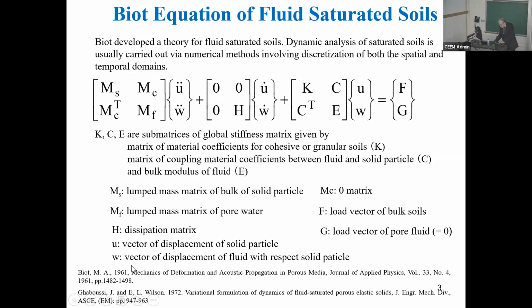Now u is the vector of displacement of solid particle, w is the vector of displacement of fluid with respect to solid particle. And f is the load vector of bulk solids. And G is the load vector of normally equal to.